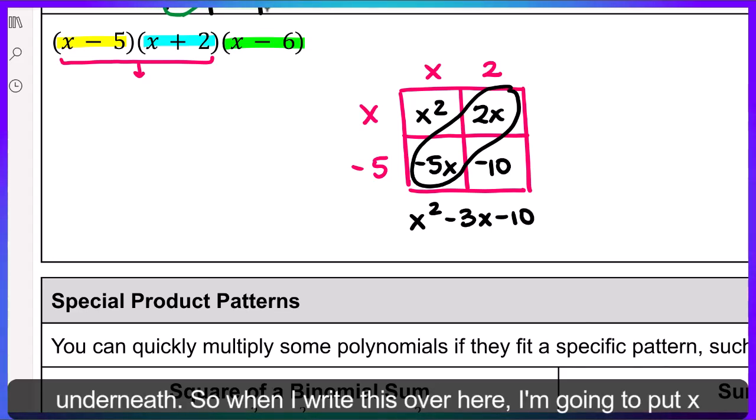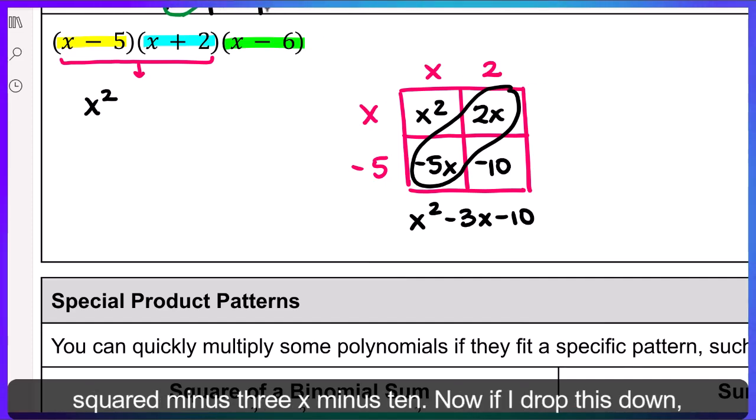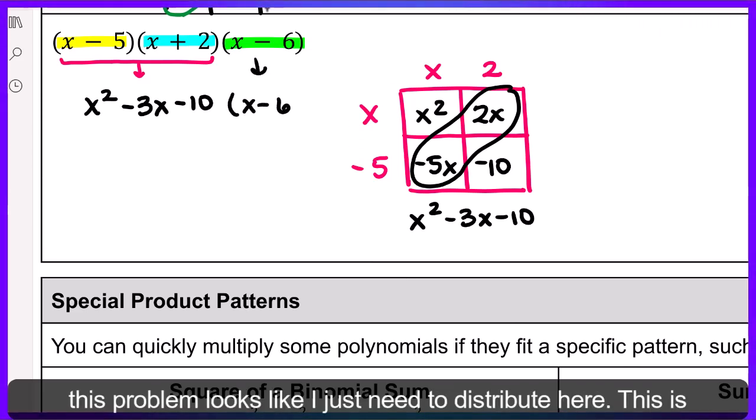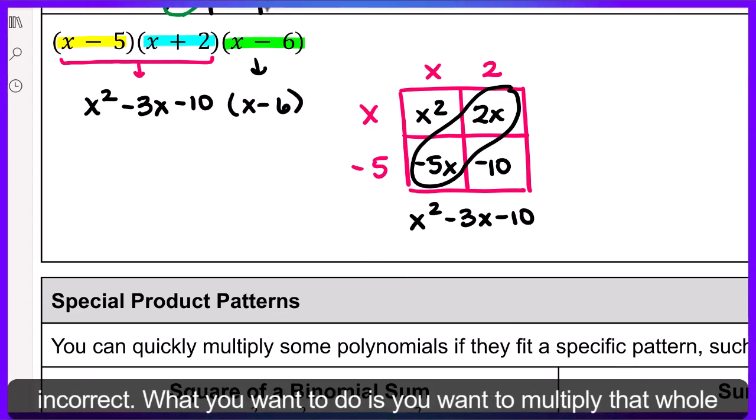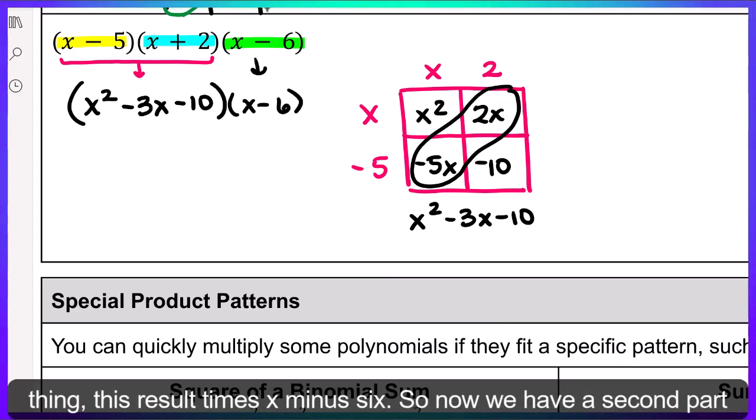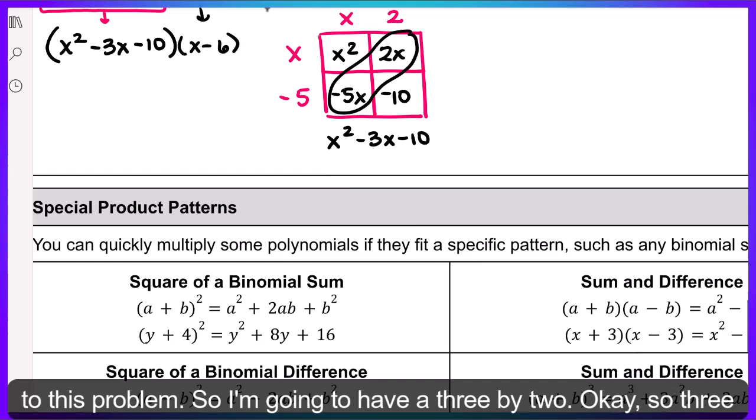Okay, so when I write this over here, I'm going to put x squared minus 3x minus 10. Now, if I drop this down, this problem looks like I just need to distribute here. This is incorrect. What you want to do is multiply that whole thing, this result, times x minus 6. So now we have a second part to this problem.